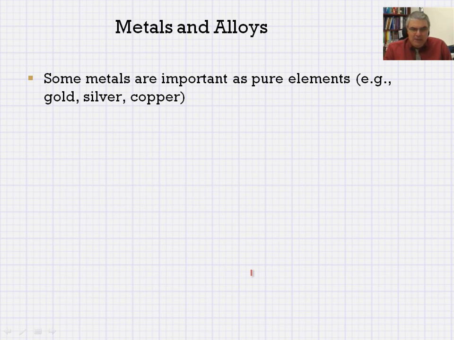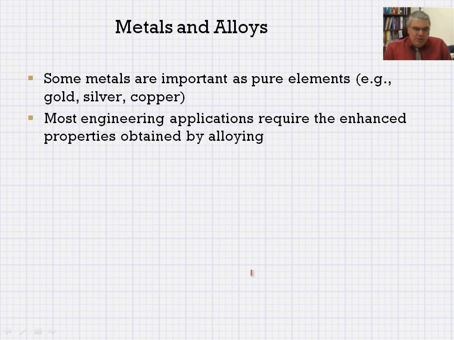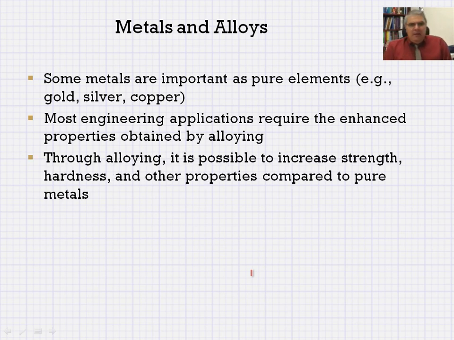For example, 100% gold is too soft and it's very difficult to make any kind of use of it for decorative purposes or jewelry. Most engineering applications require the enhanced properties obtained by mixing different types of materials and make an alloy.